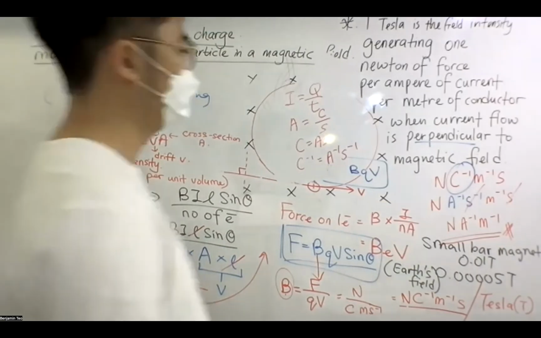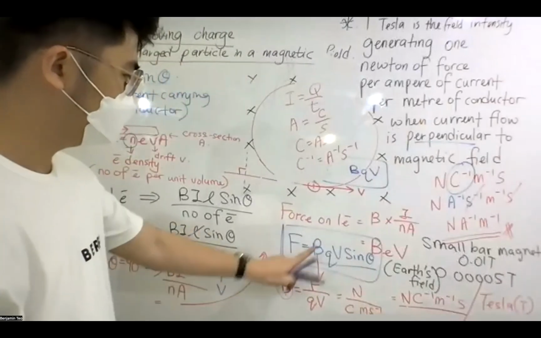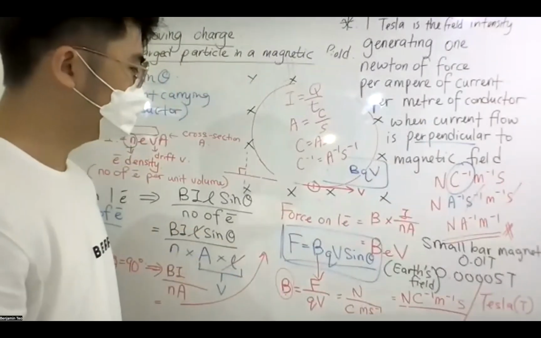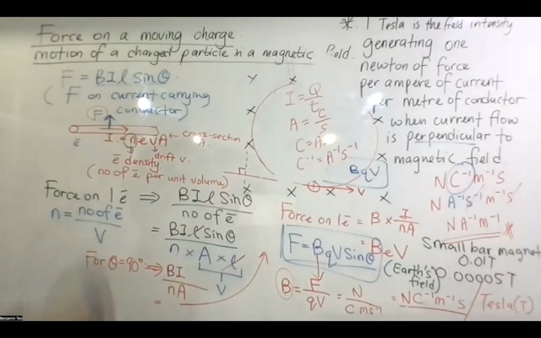Okay, so that is for the B. So we have 2 equations so far, this one and this one.